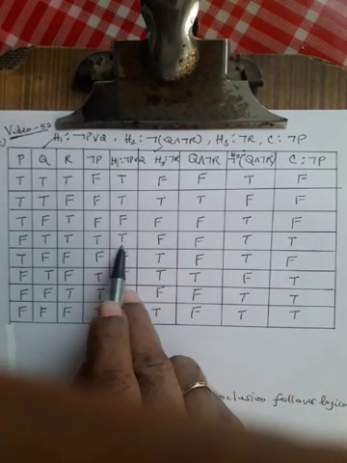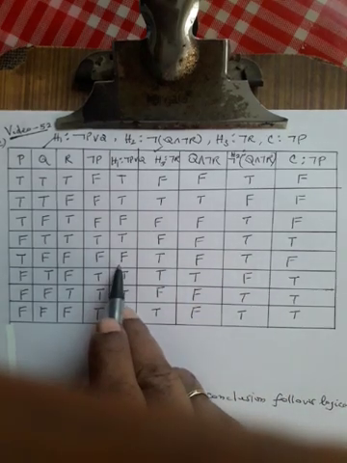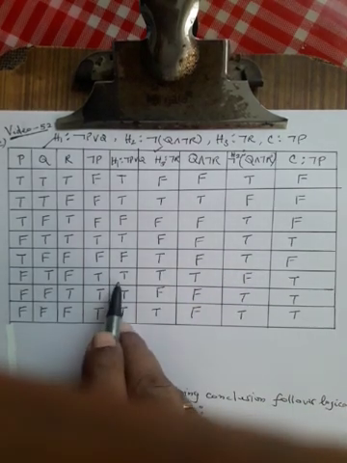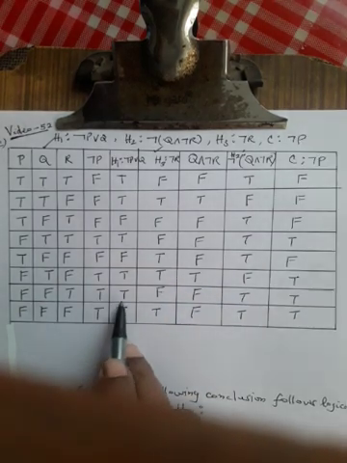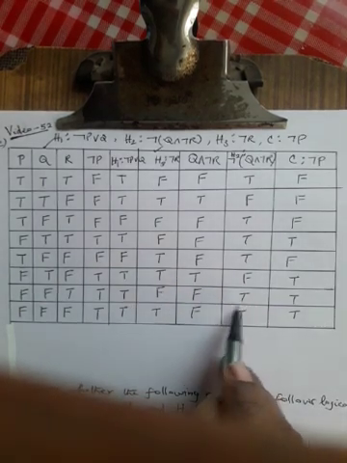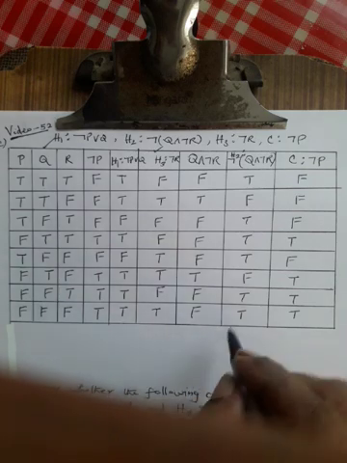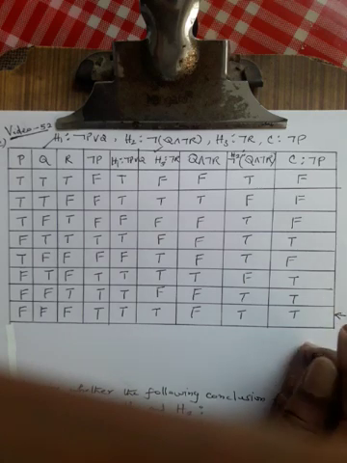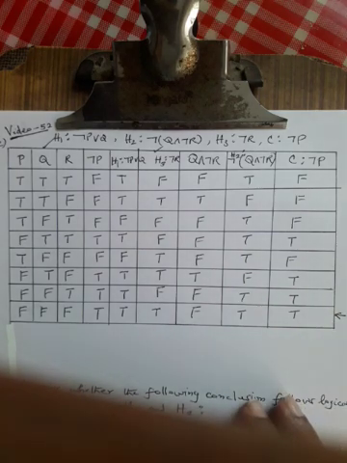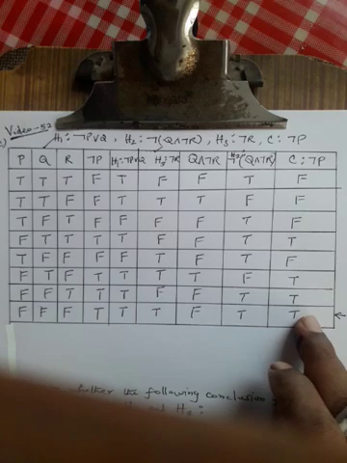FFT, TFT, FTT, TTF, H1 TFT, TTT. So only in the 8th row, H1, H2, H3, all of them have truth value T, and in that row C also has the truth value T.